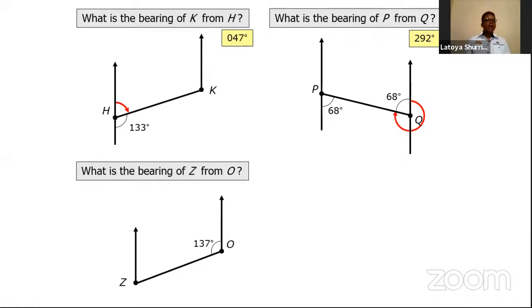All right. What is the bearing of Z from O? Again, students, you want to look at where you're starting, where you're going, and what the degree of turn looks like. Is it a big degree of turn? Is it a small degree of turn? Am I going to use 180 degrees to help me? Am I going to use alternate angles to help me? Am I going to use 360 degrees because I know that's the angle of a complete turn to help me?